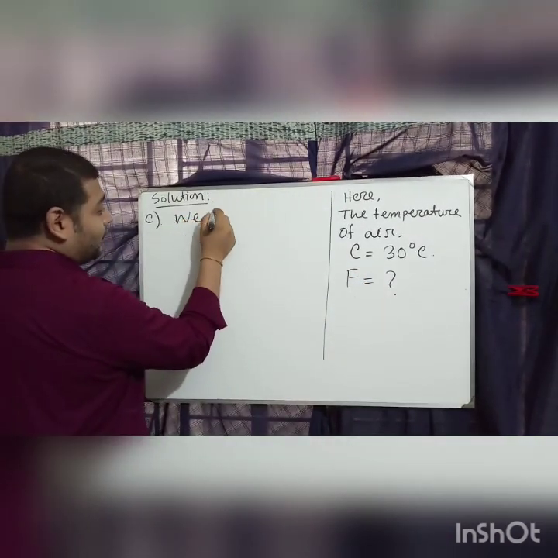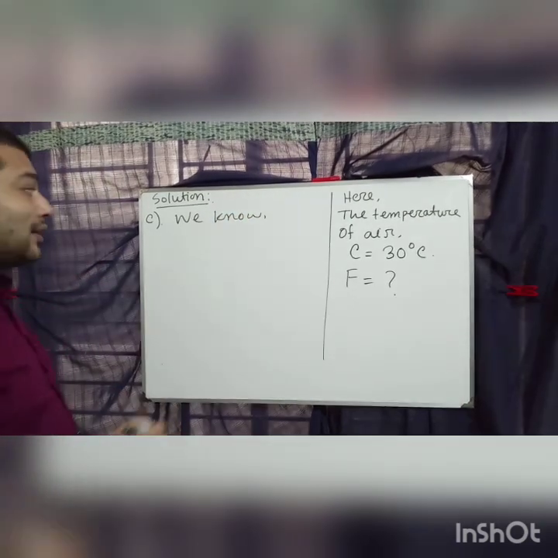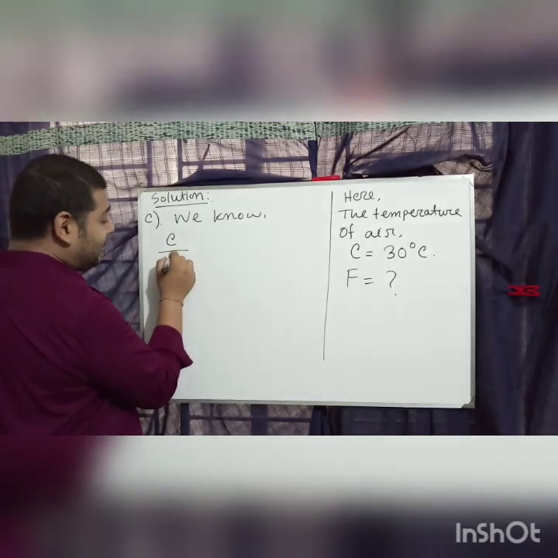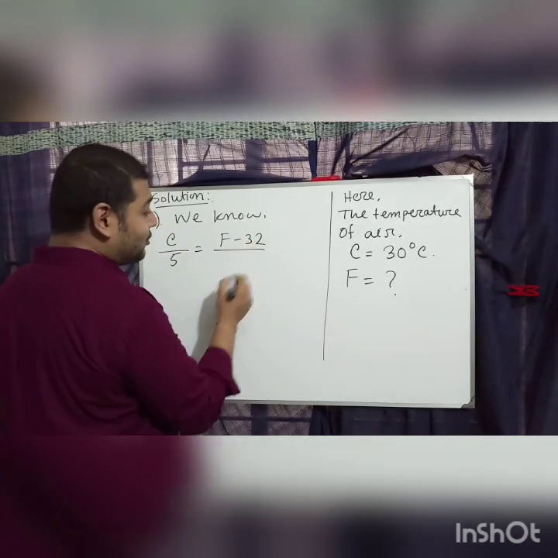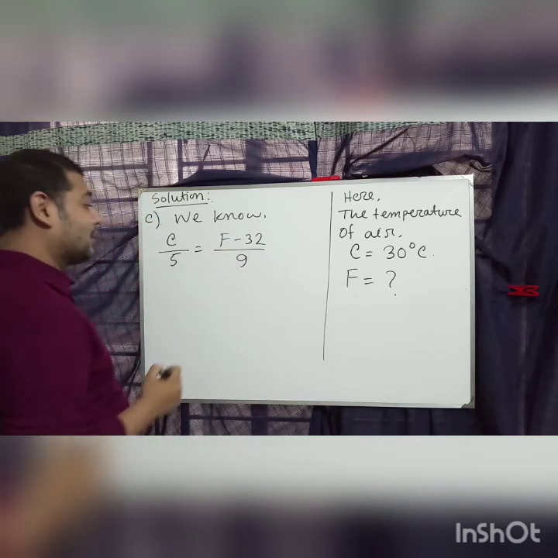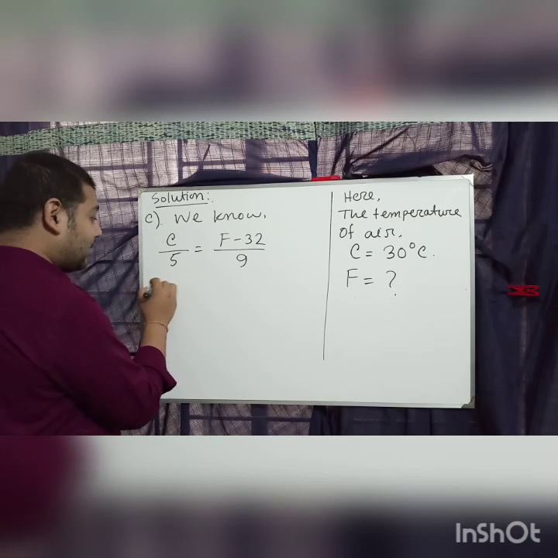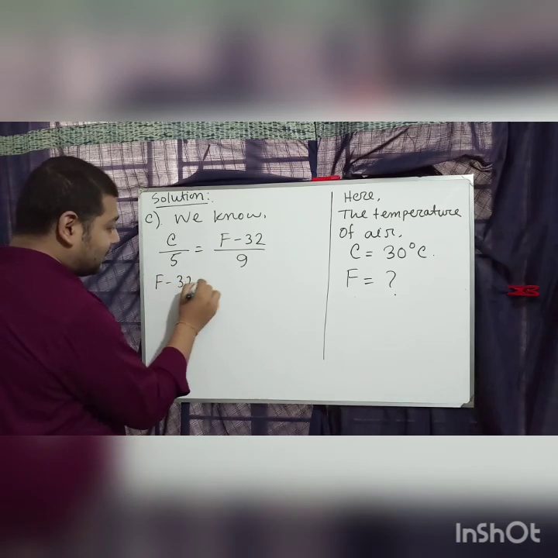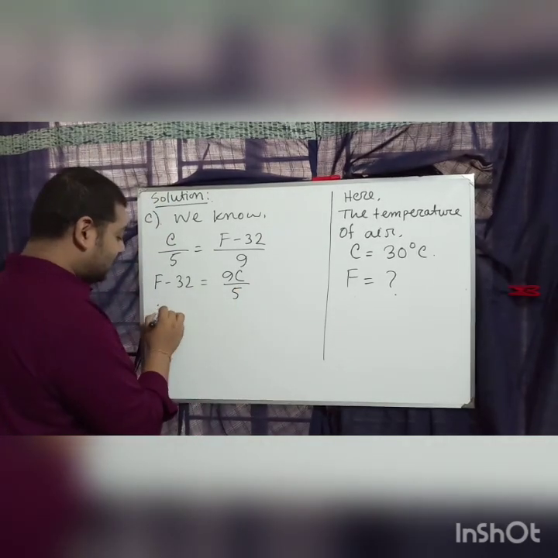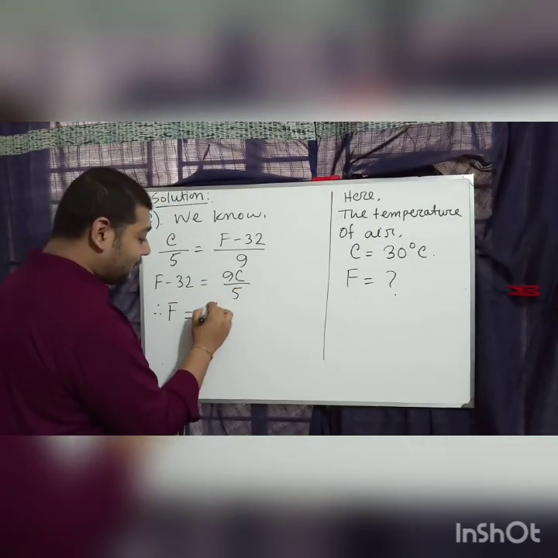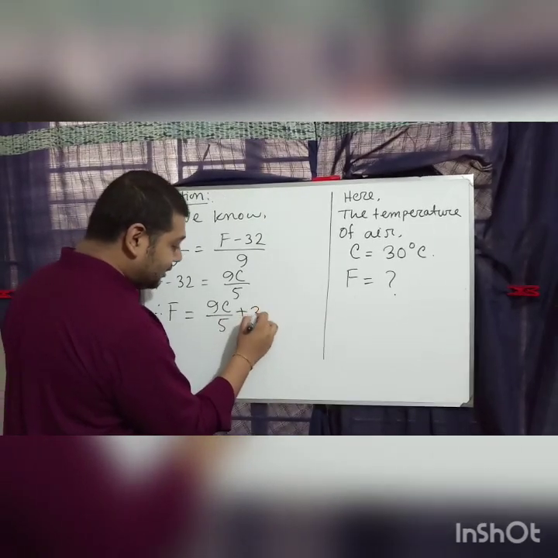We know the relation between Celsius and Fahrenheit scale is C by 5 equals F minus 32 divided by 9. So by cross multiplication we can write F minus 32 equals 9C divided by 5. So F equals 9C by 5 plus 32.